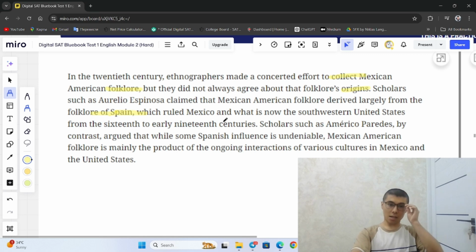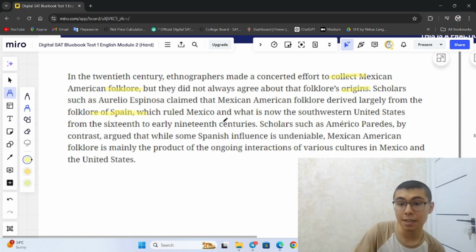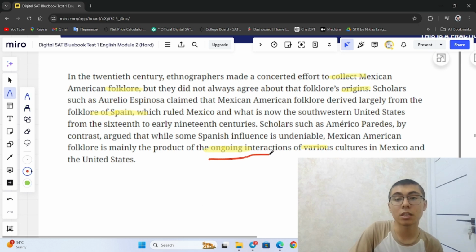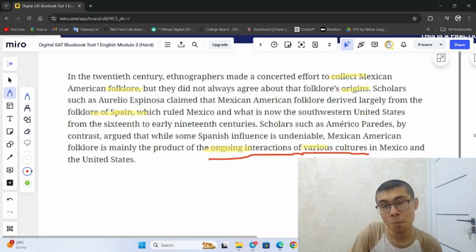Scholars such as another, by contrast, argued that while some Spanish influence is undeniable, Mexican American folklore is mainly the product of ongoing interactions of various cultures in Mexico and the United States. So we want something related to ongoing interactions of various cultures in Mexico and the United States.